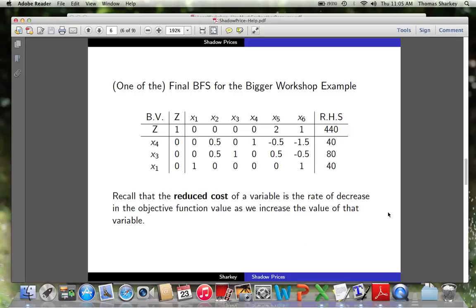So what we're going to do is show the final tabular form of that optimal basic feasible solution that we've determined, where again x1 is equal to 40, x3 is equal to 80, x4 is equal to 40, and then x2, x5, x6 are non-basic variables, so their values are all equal to 0.